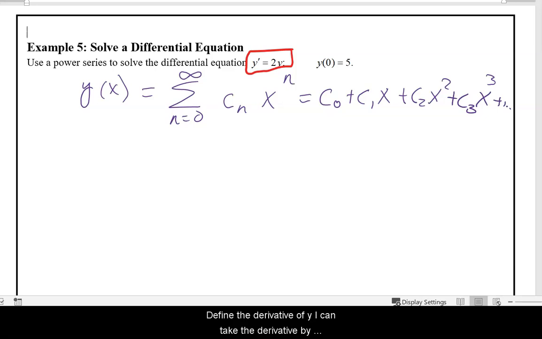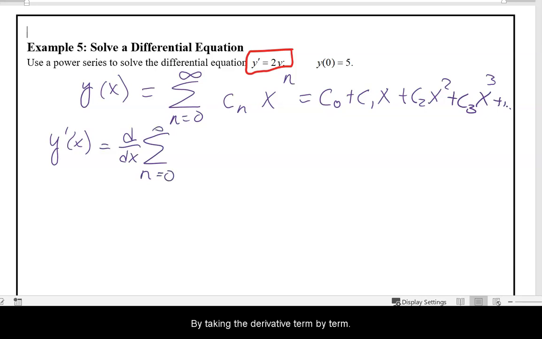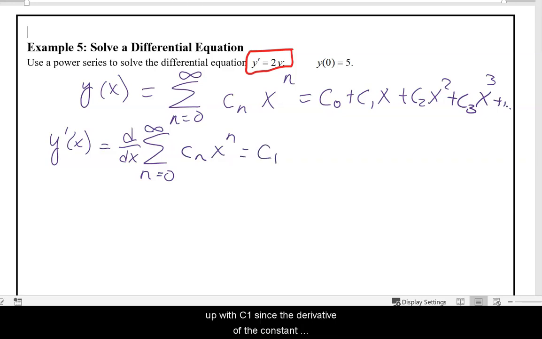To find the derivative of y, I can take the derivative term by term of its power series representation. By taking the derivative term by term of the power series representation, I would end up with C1, since the derivative of the constant term C sub 0 would be 0.